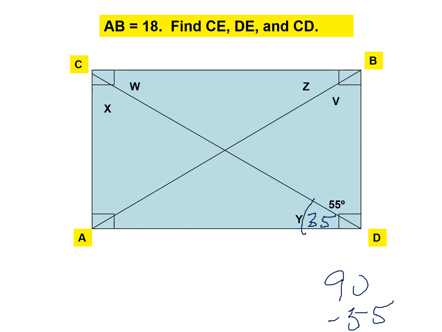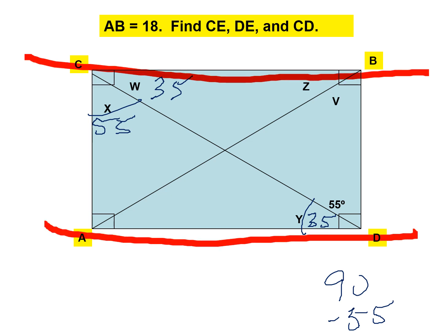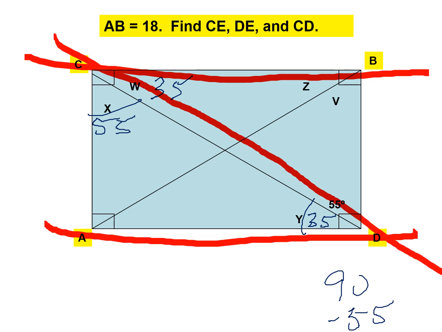When it matches, it's going to flip up here. Remember about alternate interiors? Angle W would be 35, and angle X would be 55. If I looked at these like alternate interior, parallel, connected by that diagonal, then that angle and that angle are going to match because they're alternate interior.